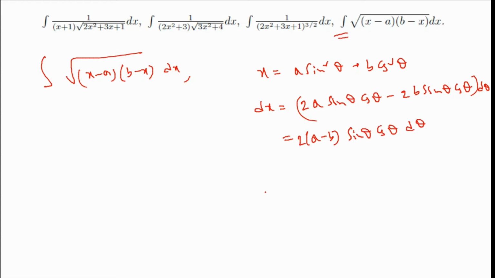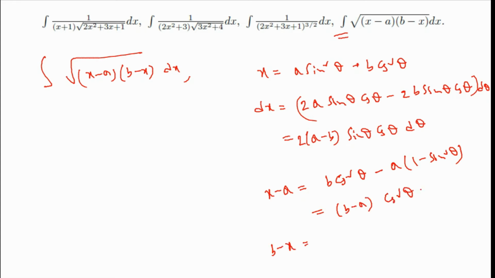And now what about x minus a? So x minus a will be b cos square theta. If you take minus a common, so minus a into 1 minus sin square theta, so b minus a cos square theta. And again, what about b minus x? So b minus x will be sin square theta.